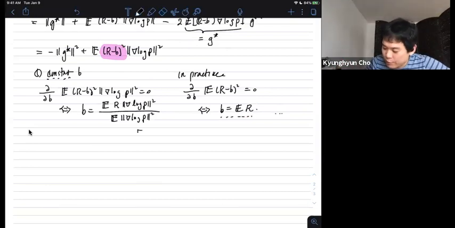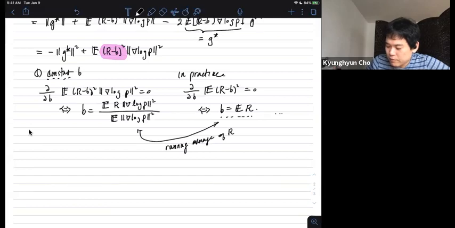It turned out that for both cases, what we want is to use the running average. So every time, we're going to sample a single value of y, compute the reward, and then compute the squared norm of the gradient of the log p.